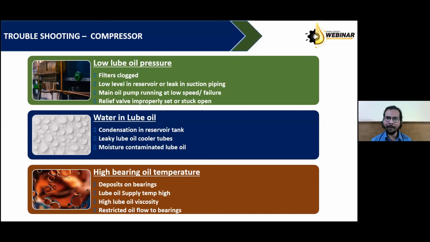Main oil pump running at low speed or main oil pump failure. This is a typical case we have seen at certain places, and the reason we found was that the pump was running with high temperature oil. Relief valve improperly set or stuck open.